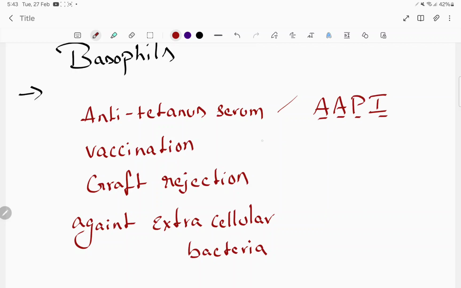Vaccination is artificially acquired active immunity. Graft rejection is cell mediated immunity. Protection against extracellular bacteria is humoral immunity, or you can also write antibody mediated immunity.